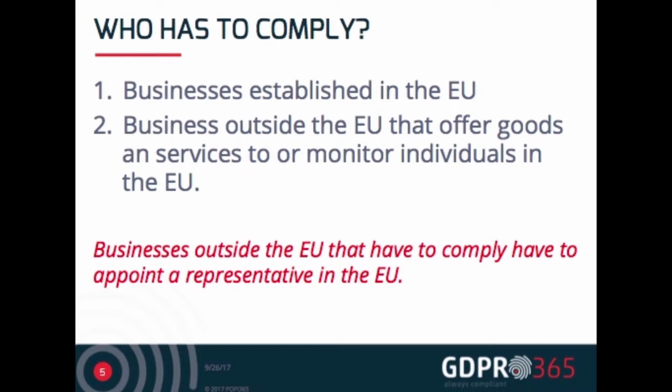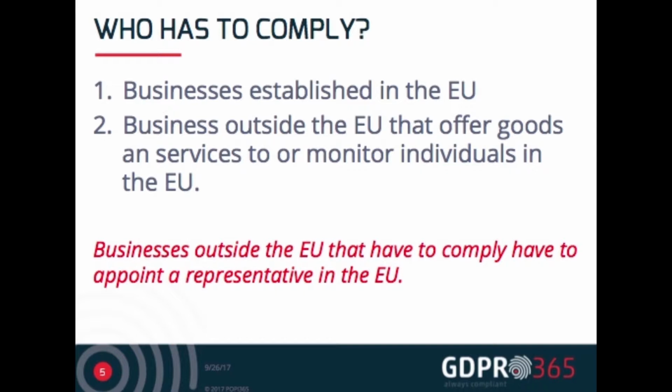They are responsible for the implementation in their member state jurisdictions for all of the organizations. But it extends beyond that. It's not only organizations and businesses with an establishment in the EU, it also covers any businesses outside of the European Union that offer goods or services to residents or citizens of a European Union member state, or do any systematic monitoring of individuals in the European Union.